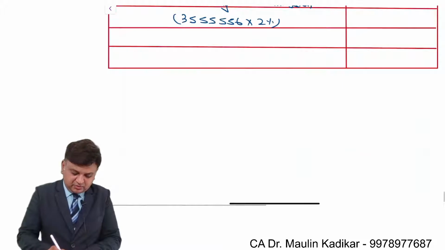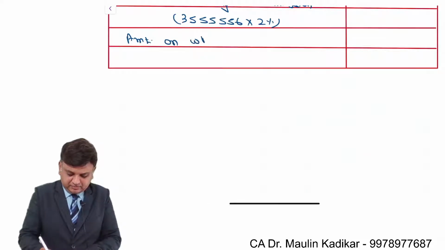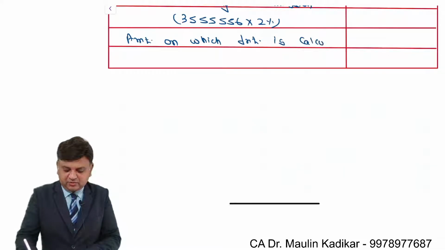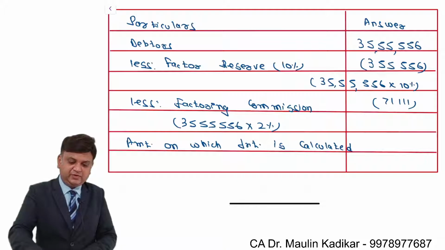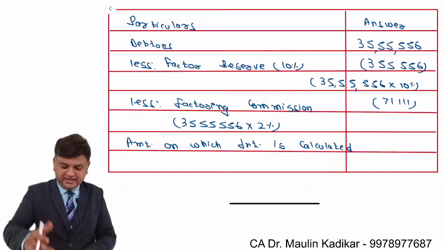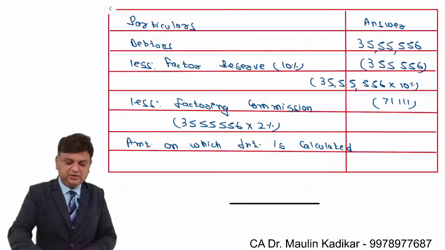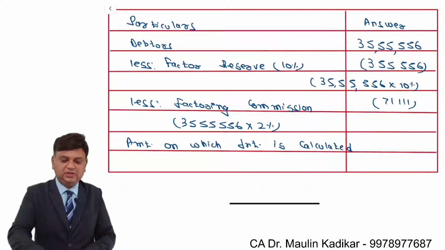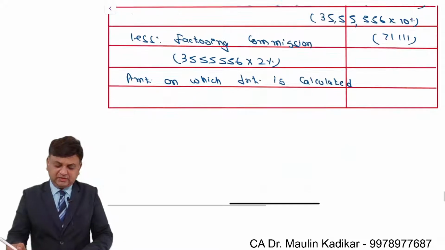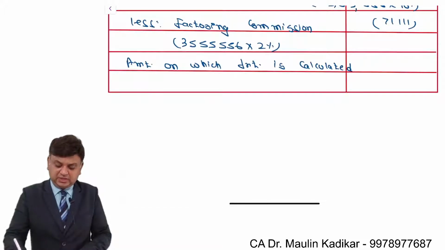So this is the amount on which interest is calculated. So please use your calculator. 35,55,556 minus 3,55,556 minus 71,111. So it is 31,28,889.